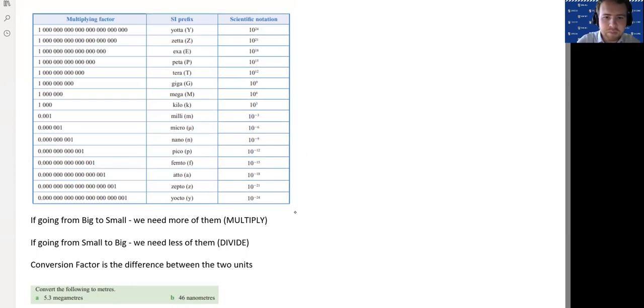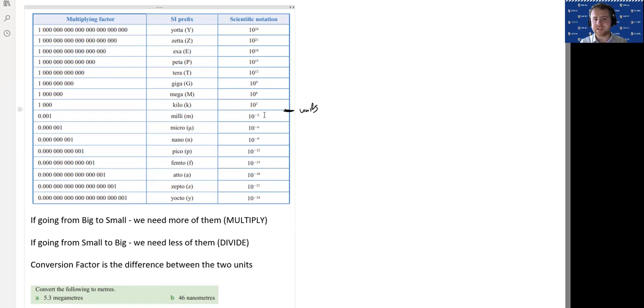Now, we also need to remember here that our units actually sit in between here. So you notice that in between all the ones above, we've got a difference of 1,000, okay, 10 to the 3 between them. And then below, it's the difference of 1,000, okay? But there's a little gap here. The difference between kilo and milli is actually 1,000,000 because it's 10 to the 6, because we've sort of skipped the units there.